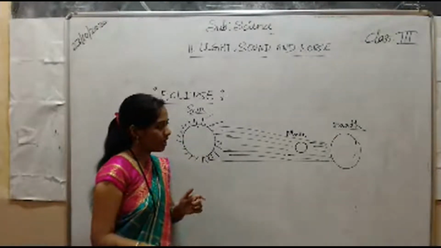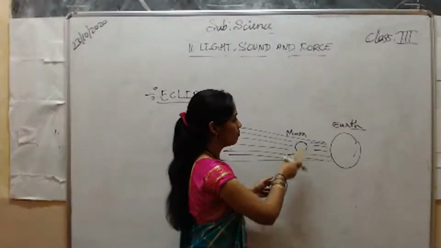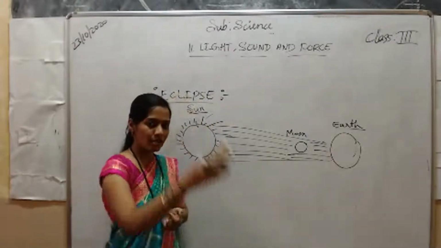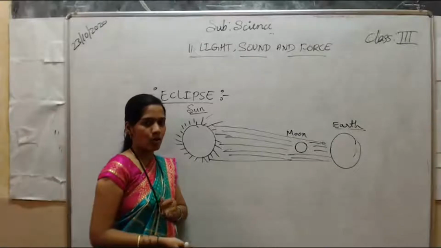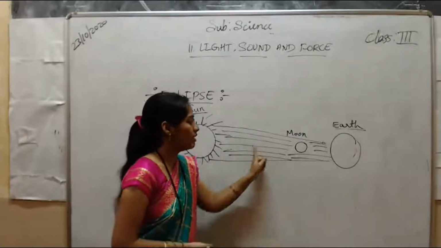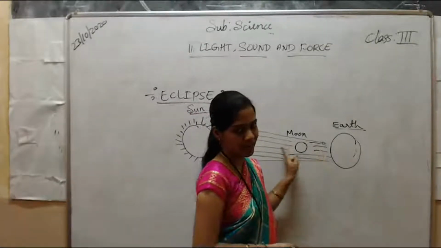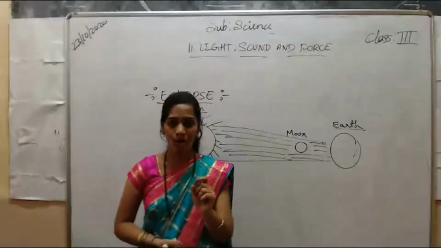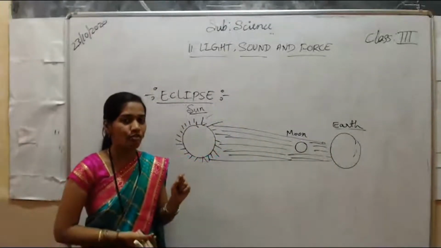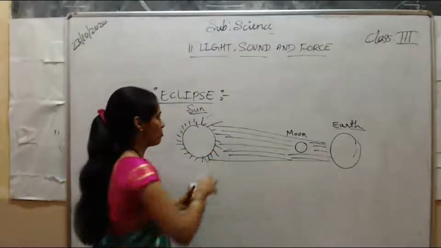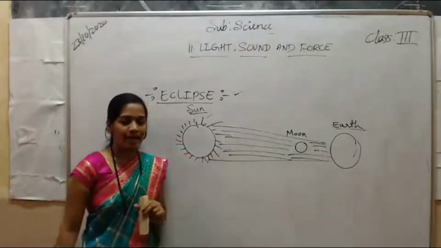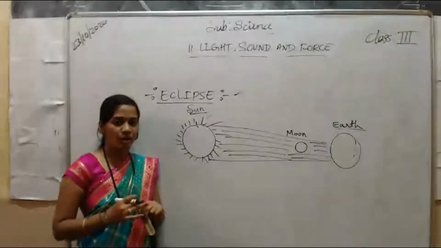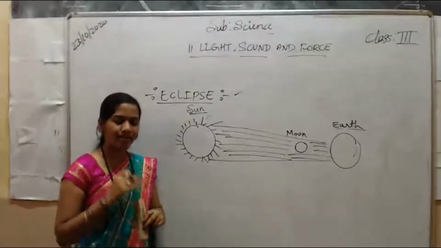In the same way, if the moon or the earth comes in between, in the pathway of the light, then their shadow is also formed. Those shadows we call an eclipse. When the shadow of the earth or moon is formed, we call it an eclipse.